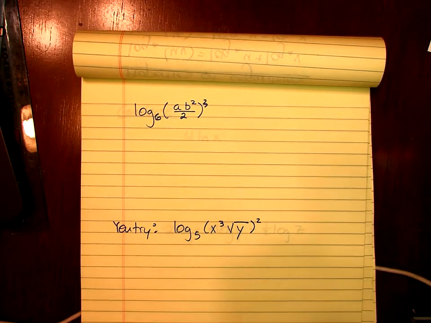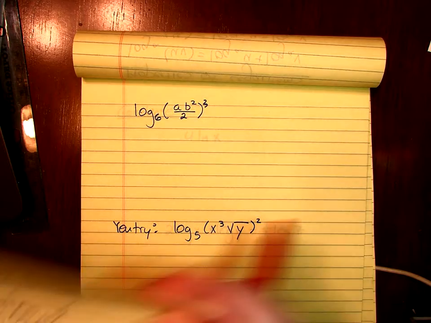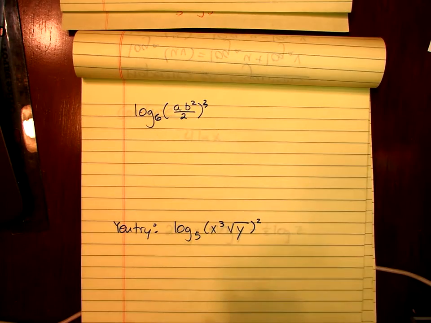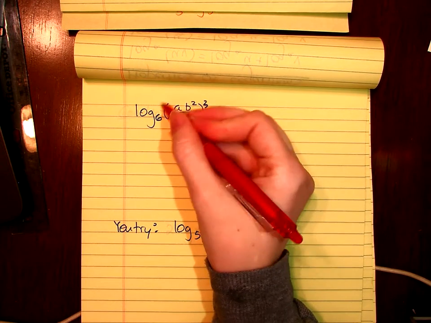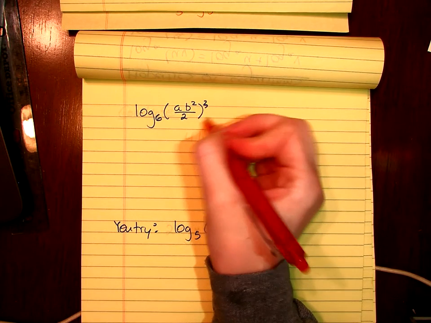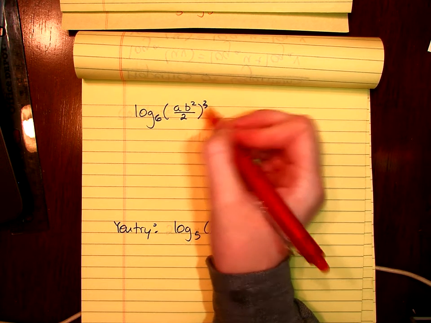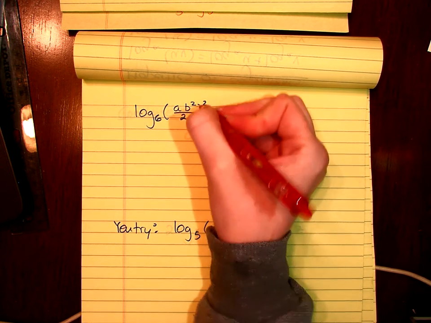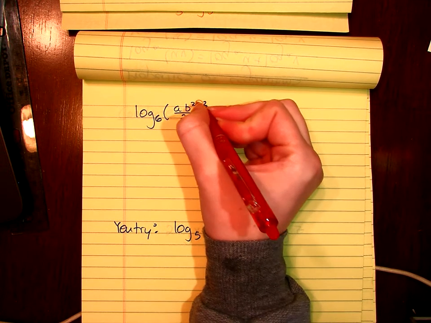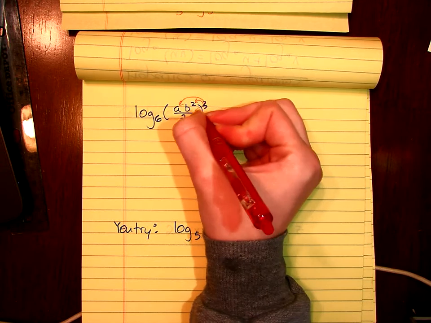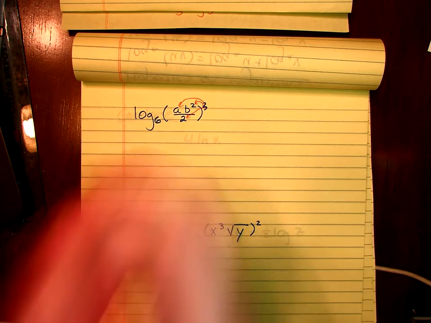Alright, next page. Now we can get a little bit more complicated, but with problems like these, what you first want to do is simplify within the log first, because I got a lot going on here. I got exponents and all that going on. Let's simplify that a little first. So remember, power on the outside basically distributes to each number in the center.